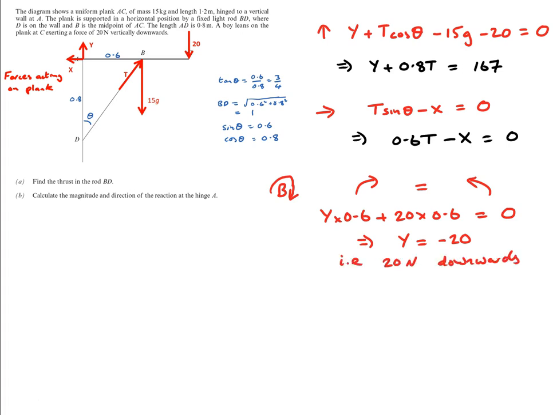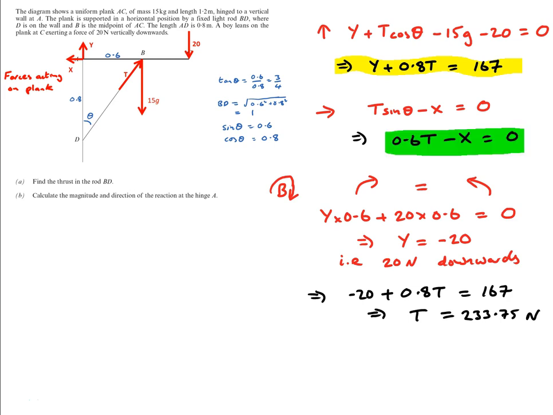Okay, now I know that y plus 0.8T has got to equal 167. So that's minus 20 plus 0.8T equals 167. So T must be 233.75 newtons. We know that 0.6T minus x equals 0.